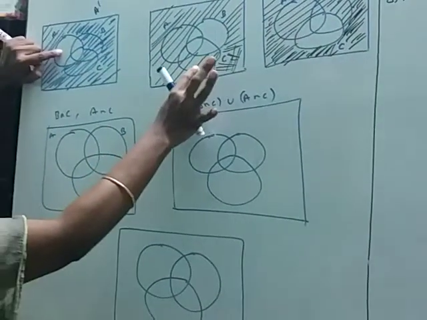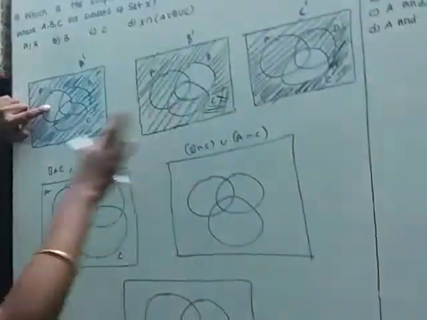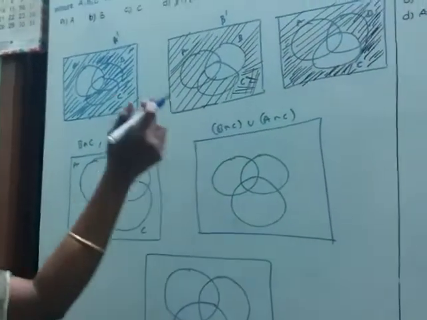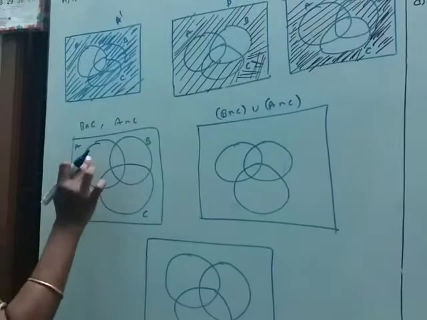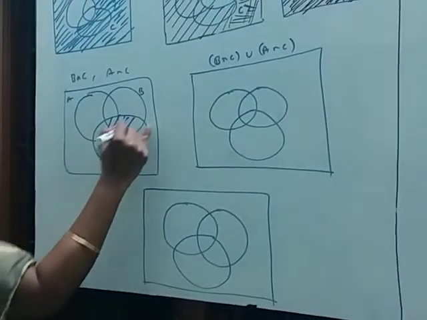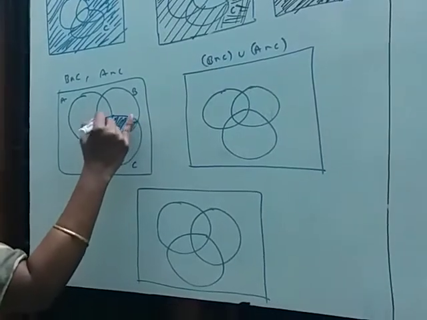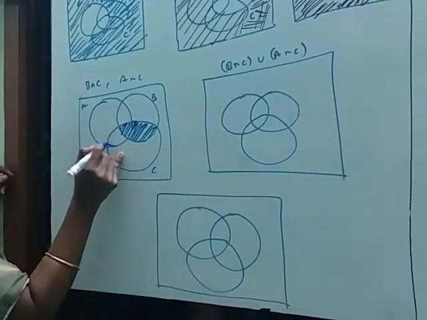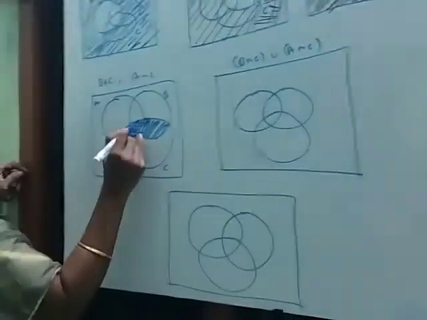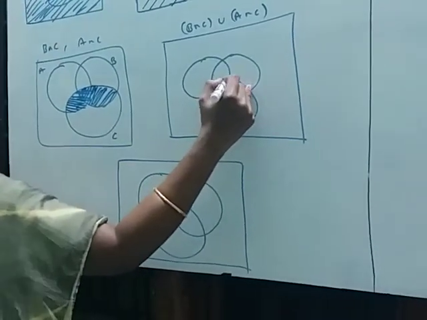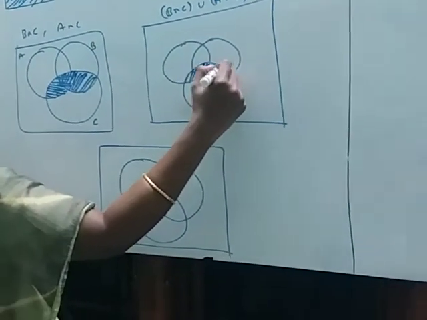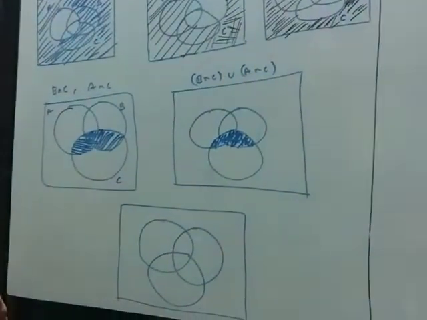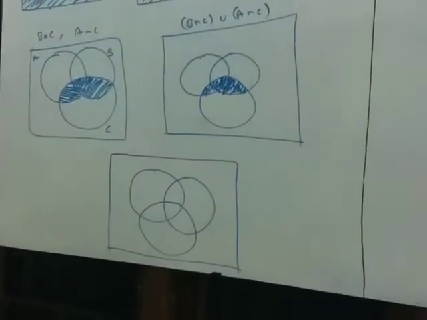Here C is shaded, and here it is not shaded. So when you take the intersection of all, only the outer side will be common. Now B intersection C. Next is A intersection C. Union of these two. And common to all that is A dash intersection B dash intersection C dash.